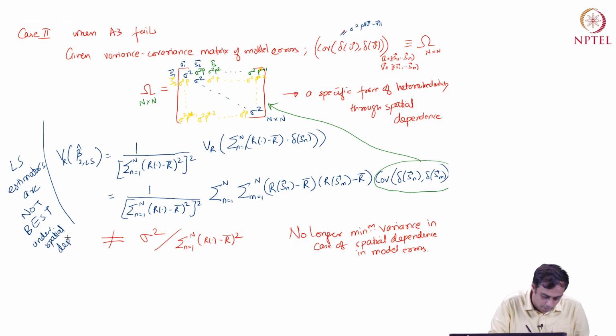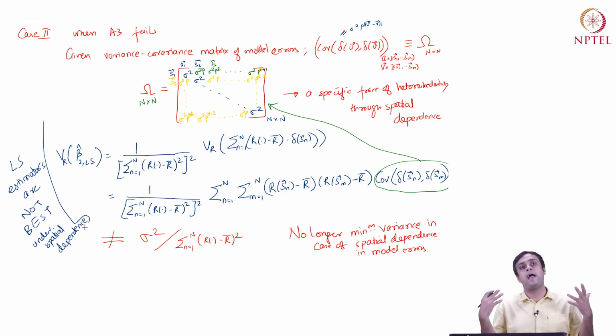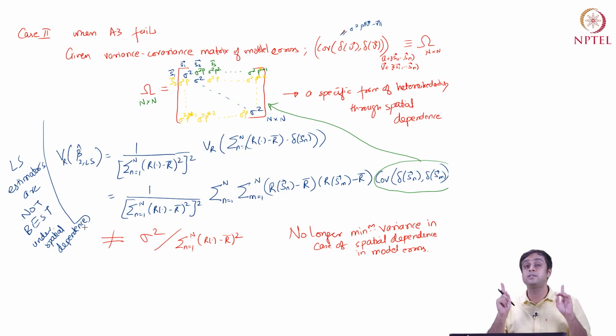The implication is that I no longer have a very precise estimator. Least squares is still unbiased, but it is not so precise. This is the implication that we have drawn when we introduce spatial dependence to the regression model.